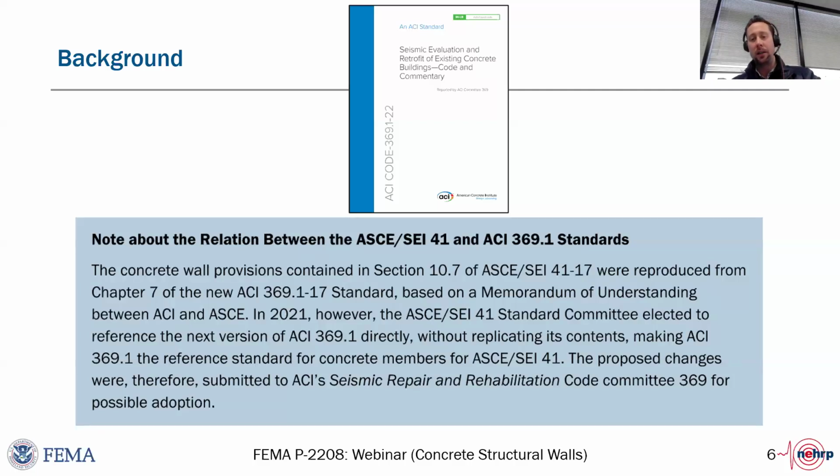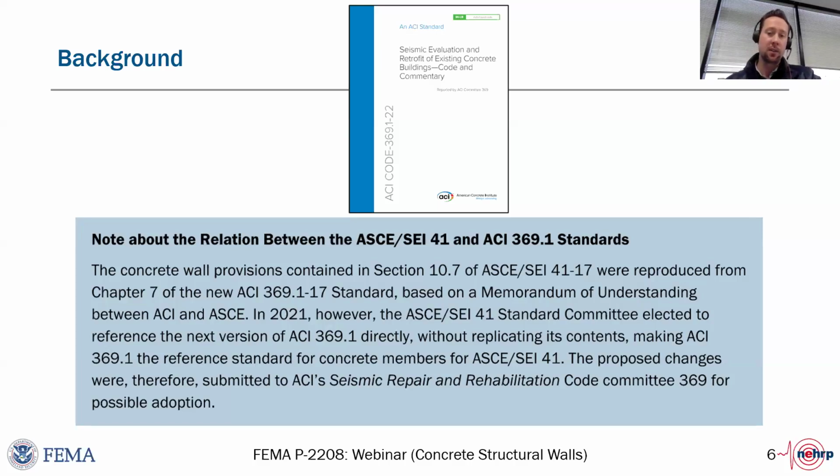So where anything is written into that chapter 10 language, that would be the prevailing standard for ASCE 41. And basically it's just incorporating some of these technical recommendations that were, again, almost fully balloted in 369 to get in to be usable in ASCE 41-23.